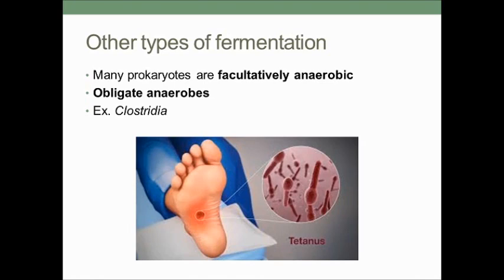One really good example is Clostridia, which causes things like tetanus, gangrene, C. diff. Those are all obligate anaerobes. So when they get into your skin, they can cause this fermentation-like process and break tissues down at a high rate of speed.